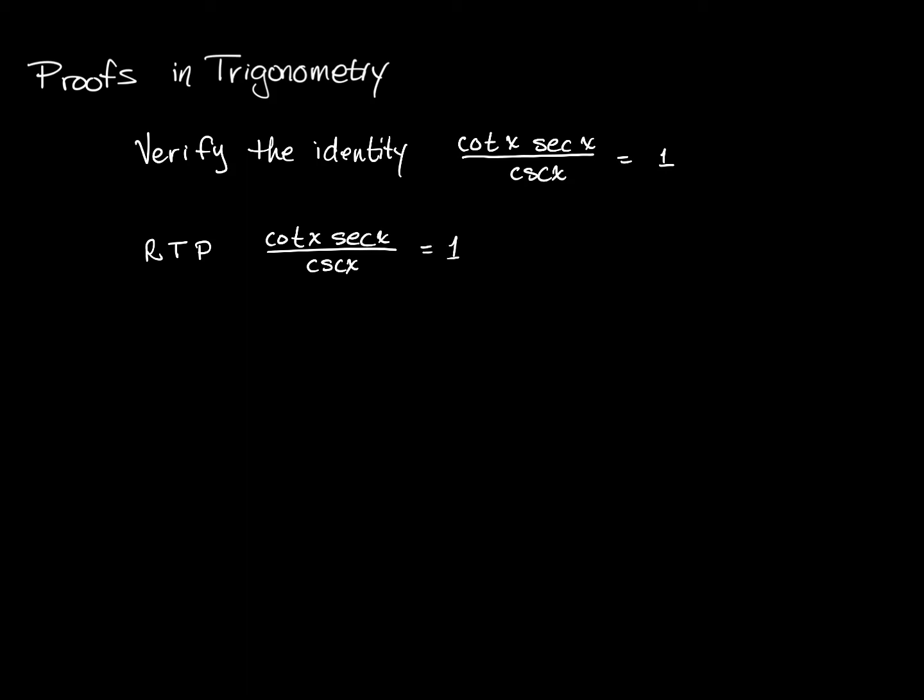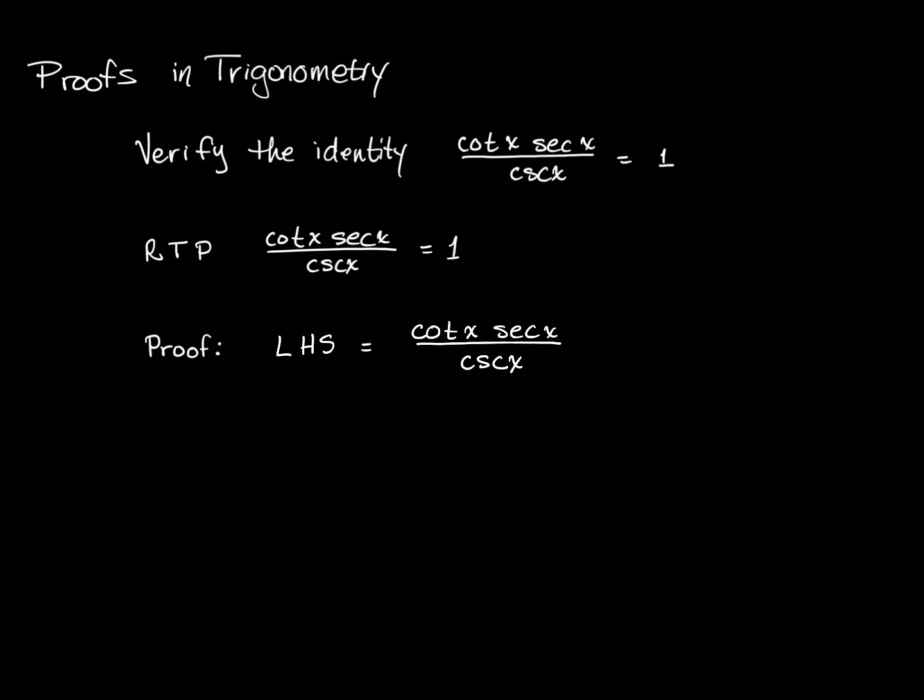And then when we begin, you may also want to write proof to show that you're about to prove this statement. Now let's write left-hand side equals, and we'll rewrite the left-hand side. Cotangent of x times secant of x all over cosecant of x.